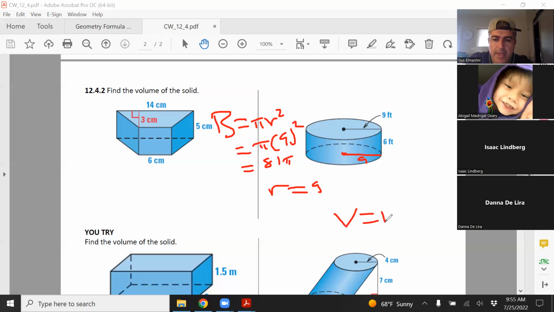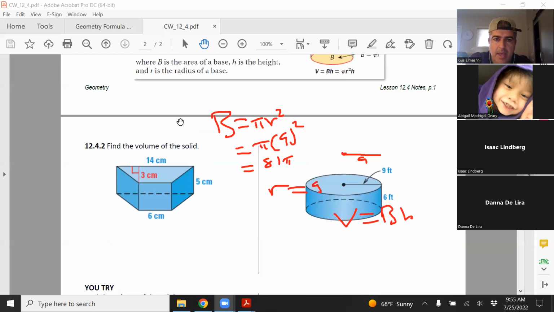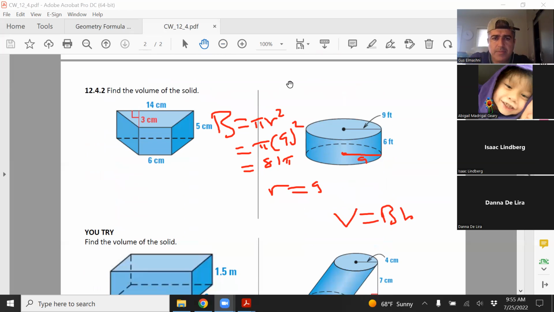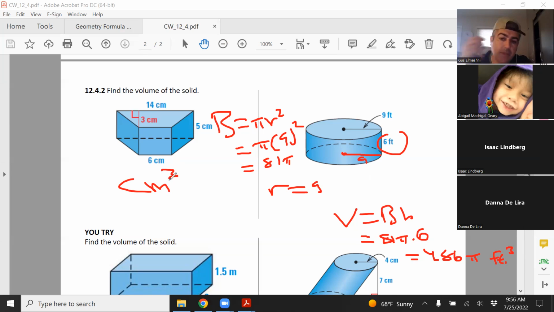So volume is capital BH, as you see right above. Or for a cylinder, pi r squared h. So 81 pi, and the height here is 6. You should get 486 pi. And that'd be cubic feet. In case I forgot, for the other problem, that was cubic centimeters. So you get 486 pi cubic feet. Okay.